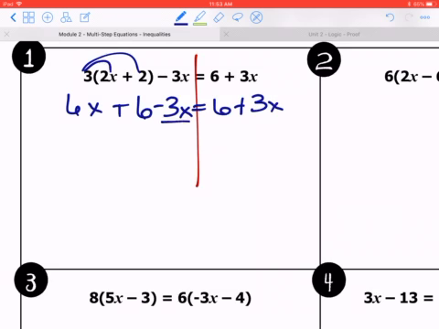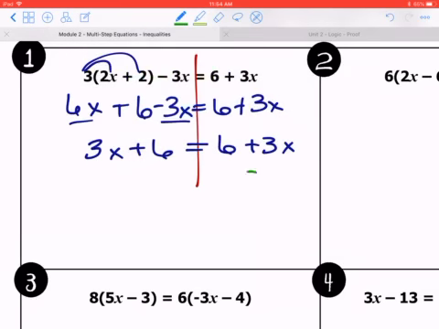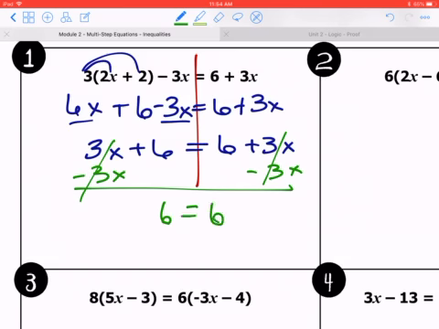We're going to combine our like terms. 6x minus 3x gives me 3x plus 6. Now, to solve, I'm going to subtract my 3x. They both cancel out, and I have 6 equals 6. That is true, so this would be an infinite solution.